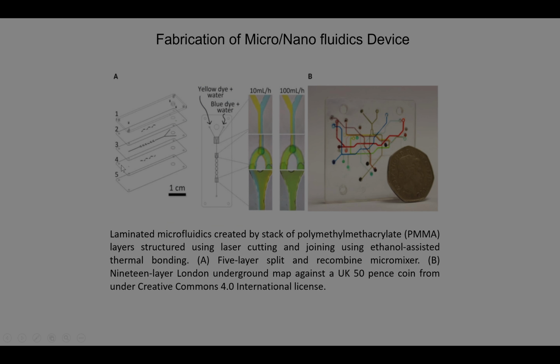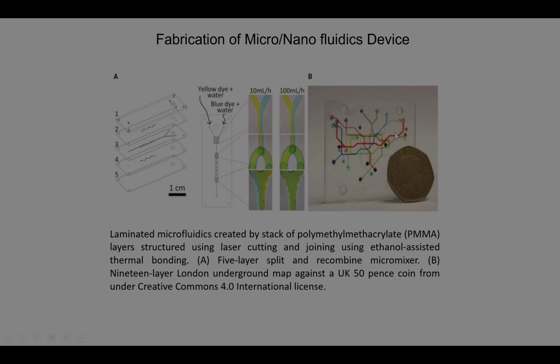And here you see a different type of fabricated device where almost five layers are there. So what is happening here? Yellow dye with water and blue dye with water are propagated through this fluidic channel. Because of this three-dimensional flow of fluid, it can interfere in different ways and generate different gradient solutions in the device.